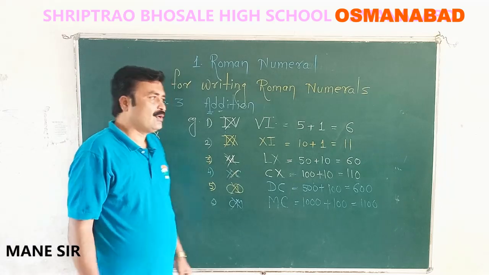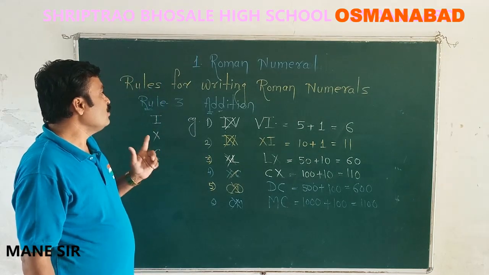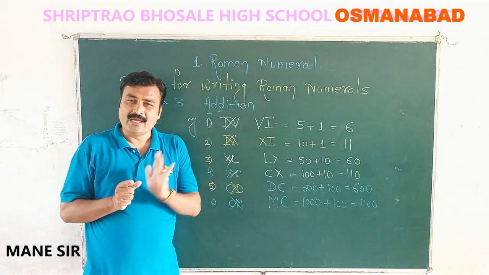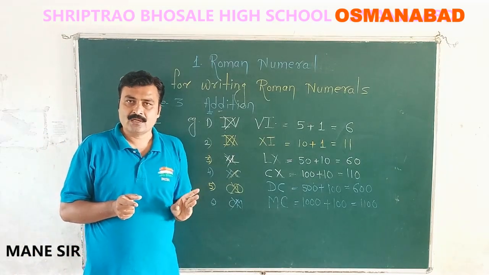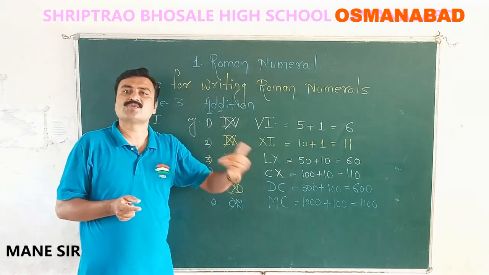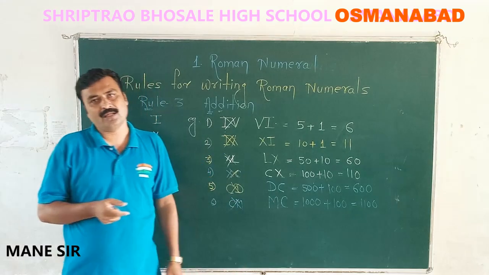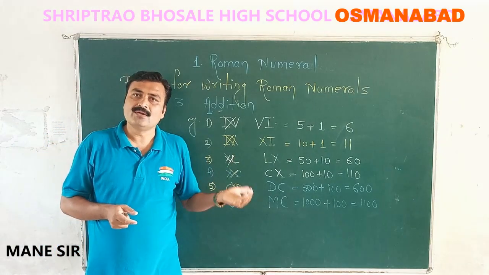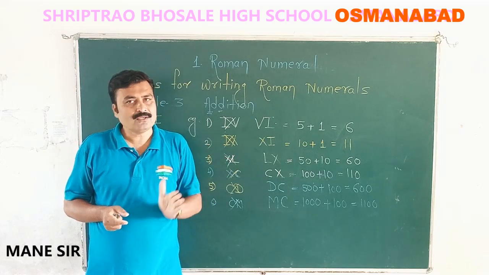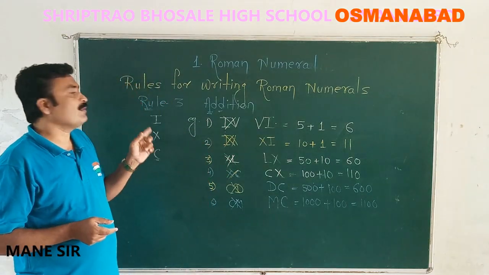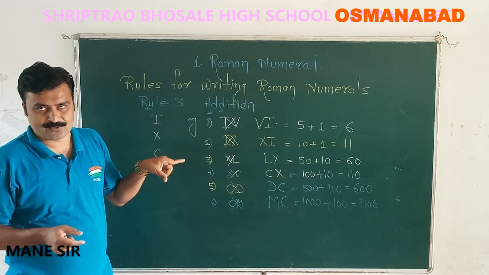1100. So we can state here rule number 3 for the addition process in this way. If we write a smaller Roman numeral after a bigger Roman numeral, we make addition between the values of those two Roman numerals. This is rule number 3 based on the addition process.